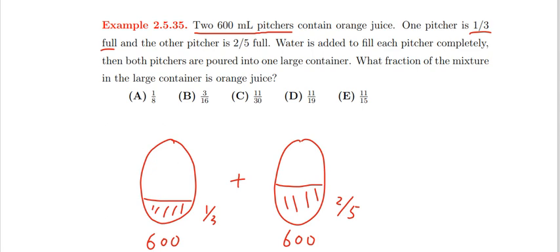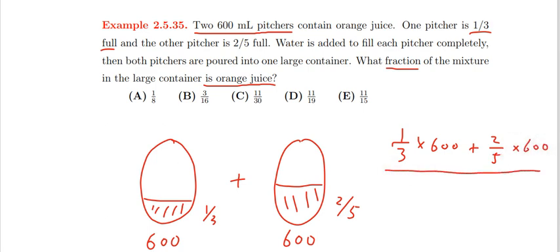So we want to find what the fraction is orange juice. So we just check how much orange juice for total. So just 1/3 times 600 plus 2/5 times 600, divided by totally is 600 plus 600.